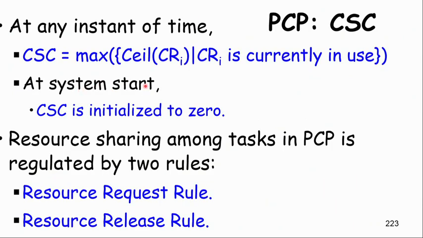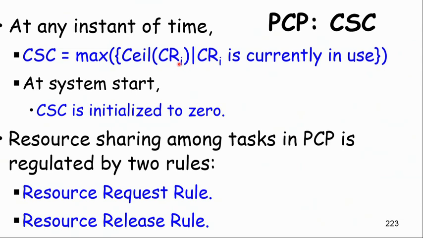Now, let us look at the current system ceiling. This is an operating system variable, and whenever a task acquires a resource, the task's priority does not increase. It is only the current system ceiling which gets the value of the maximum ceiling of all the resources that are being used.